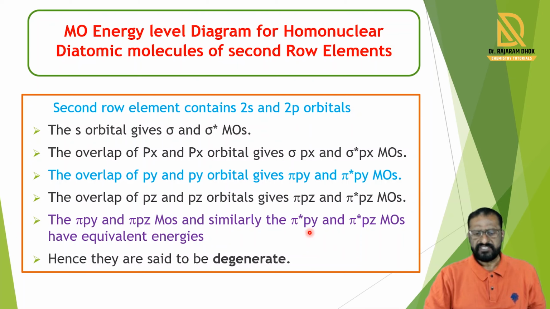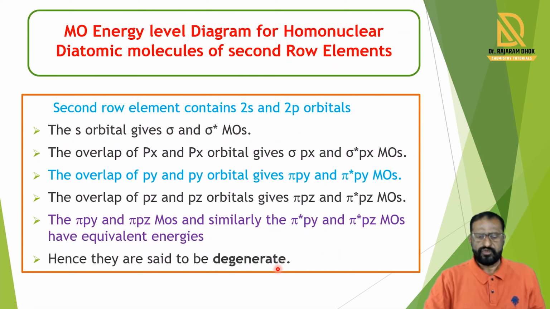In case of pi star py and pi star pz, the energy is also equivalent. Now, when we show all these molecular orbitals systematically, we show the energy level diagram. Molecular orbitals which have the same energy are called degenerate molecular orbitals.